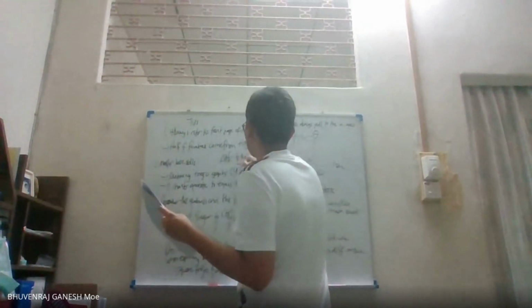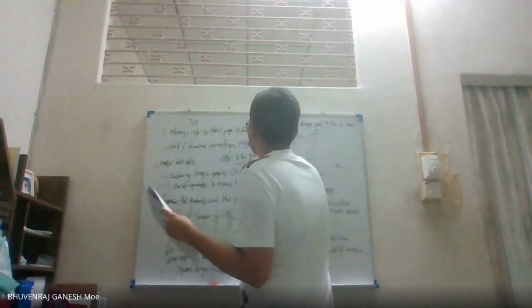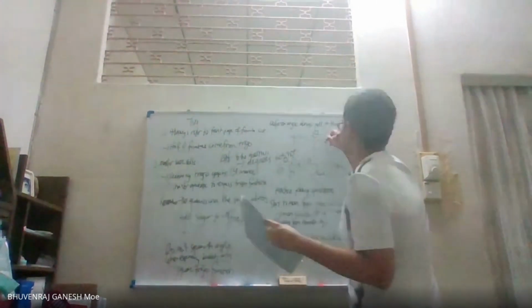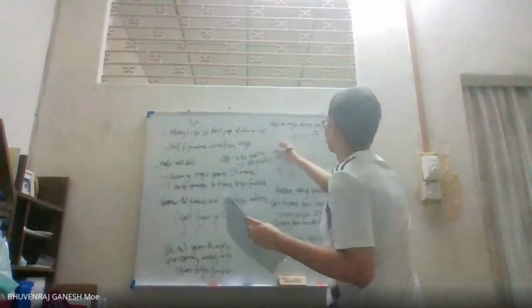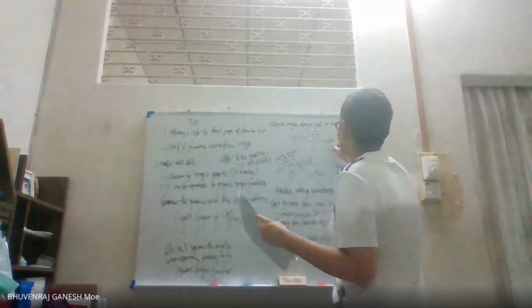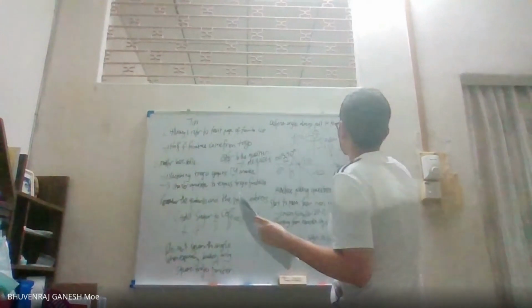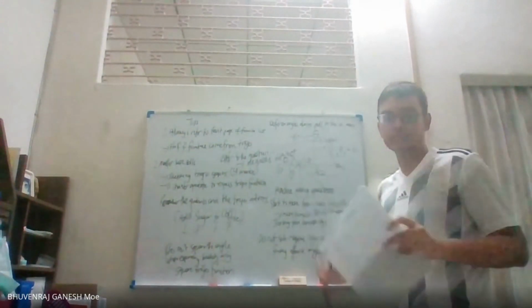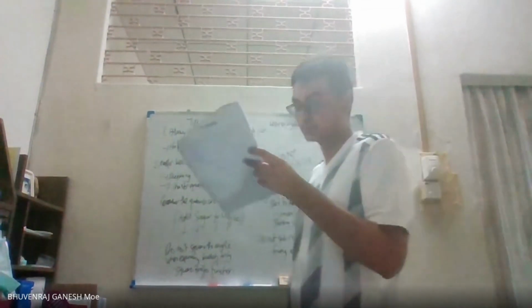If they ask the graph in terms of degree, make sure you label the graph like 60 degree, 90 degree. If they ask radian, you must label it in form of pi, pi over 3, pi, 2 pi, like that. So make sure you always remember whether you're using radian mode or degree mode when solving your questions.